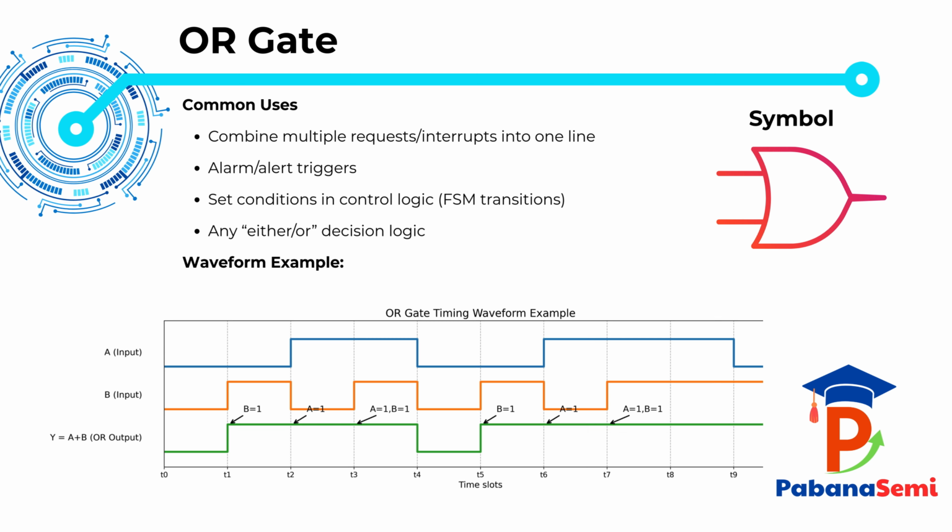Even if only one input is high, the output remains high. The output becomes low only during intervals when both A and B are 0 at the same time. So the waveform reinforces the OR rule clearly. The output is high if any input is high, and low only when all inputs are low.